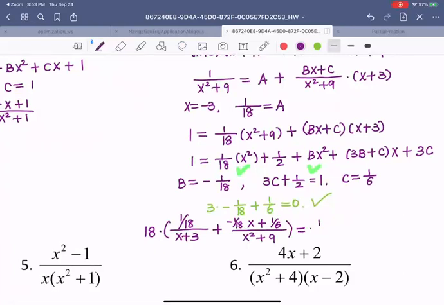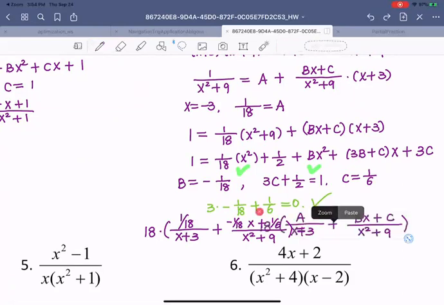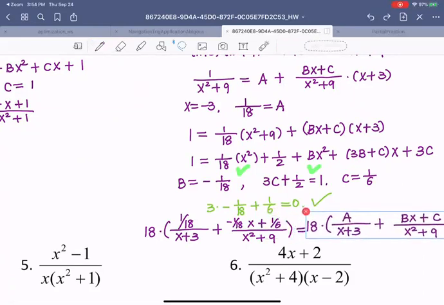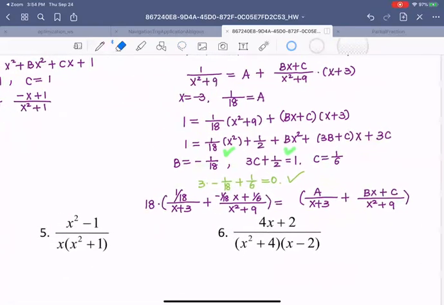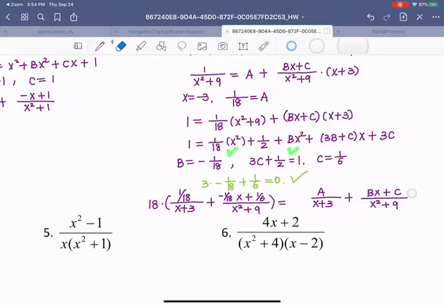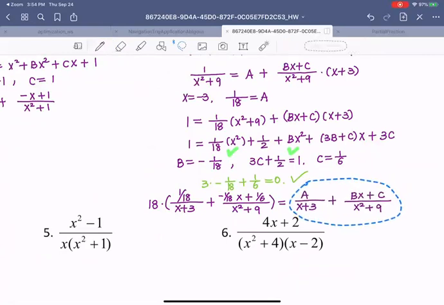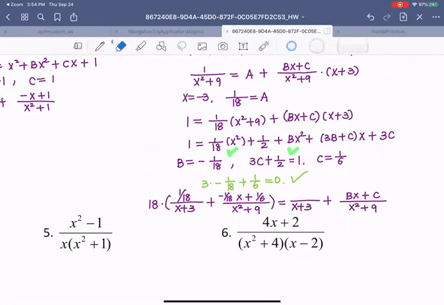So this is 1 over 18 times... 1 over 18 times 1 over 18 is 1.